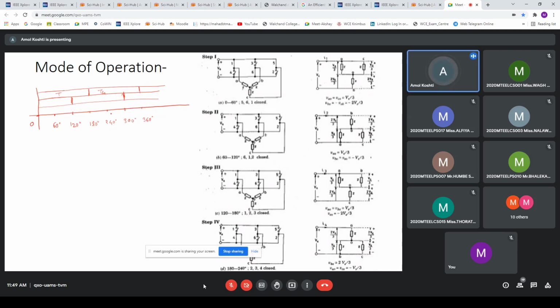T3 will conduct up to 300 degrees. Now the remaining degrees, from 300 to 360, this is the 60 degree interval, and we have the additional part in the first portion from 0 to 120 degree. During that mode the remaining switch from the same leg will conduct.